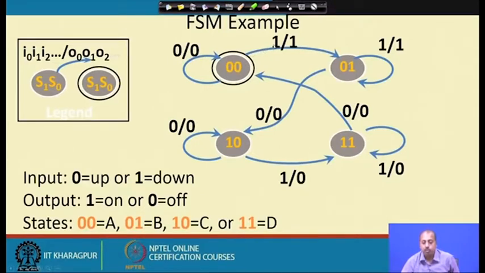Similarly, if the input is 1, it will make a transition such that the state register content becomes 01 and the output is 1. It will remain there. It goes on like this. Here the states A, B, C and D have been given a 2-bit code: A is coded as 00, B as 01, C as 10 and D as 11. We will come back to this coding later. So, these states have been given some name or some code.